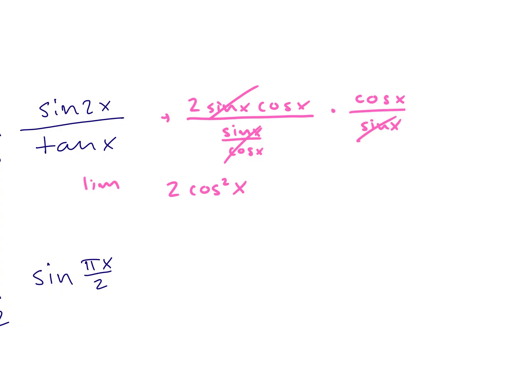What should we try next? Substitution. Let's see if direct substitution works here. So if I plug in 0, cosine squared of 0, what's the cosine of 0? 1. 1 squared would be 1. And 1 times 2? 2. So our answer would be 2.